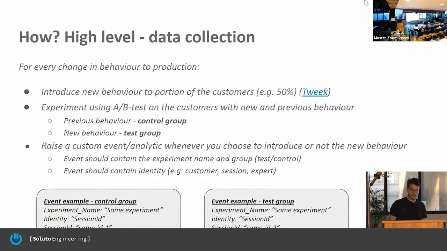All you need to do is raise a custom event with a few things, in order for us to be able to provide all these automatic measurements for every experiment. So we ask: raise a specific event at the point where you decide whether to give the new or the old behavior. And in this event, put information like the experiment name, and whether it's the control group or test group.